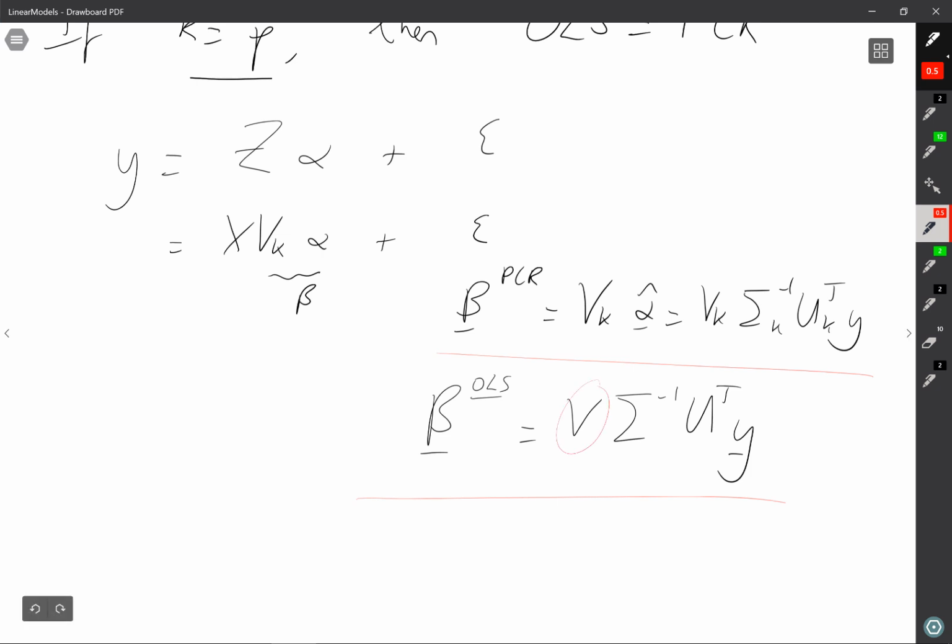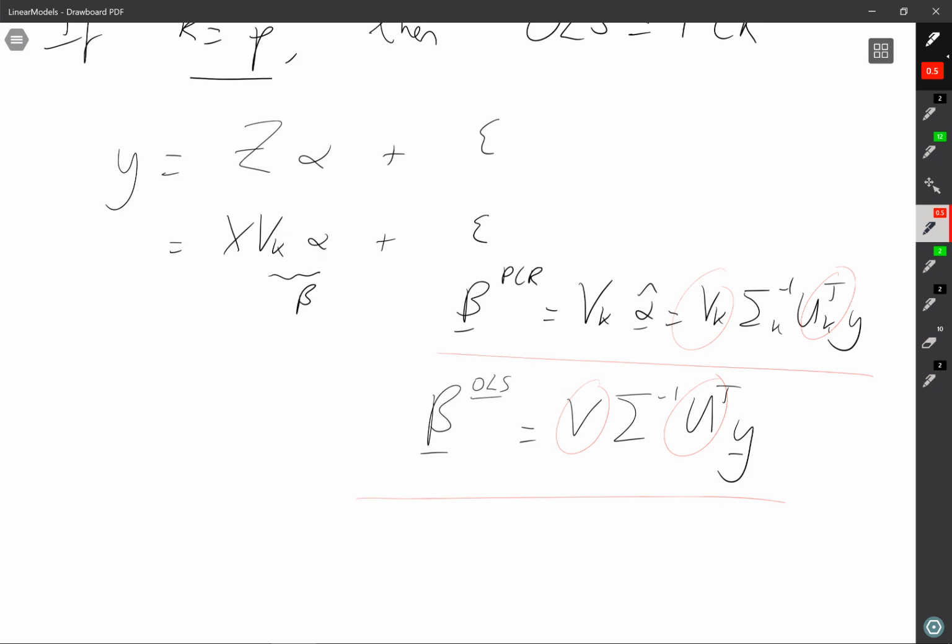So instead of using V here, we use just the first k columns of V. Instead of using U, we use just the first k columns of U. So we're just using the leading principal components, leading singular values.